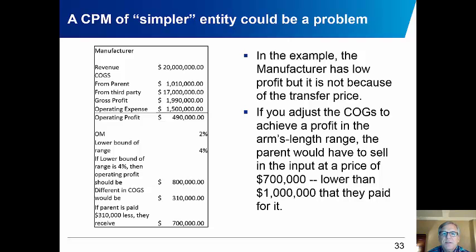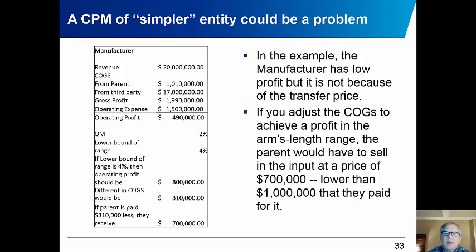Then they have $17 million in expenses from third parties, the other inputs that they need, or their own labor force, etc. That produces a gross profit of $1,990,000. Let's insert that they have operating expenses of $1.5 million, leaving them with an operating profit of $490,000. That's equivalent to an operating margin of about, rounding there, 2.5%.